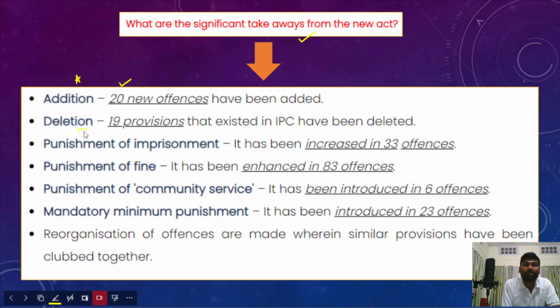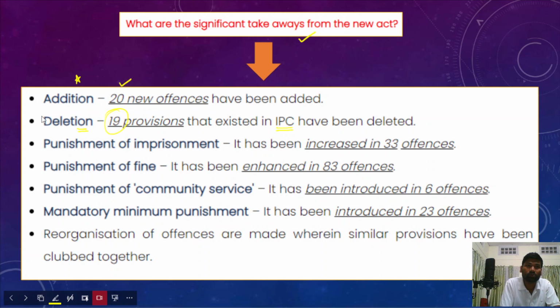After that, there was a deletion of certain crimes as well, because 19 provisions that were earlier in existence in the Indian Penal Code were deleted. There is also a need to delete certain offenses which are outdated in nature and do not have relevance in contemporary society.